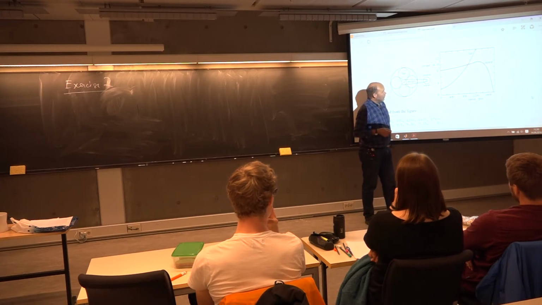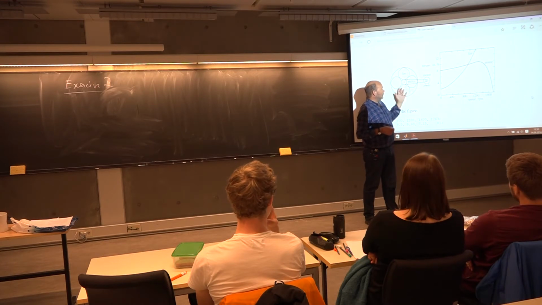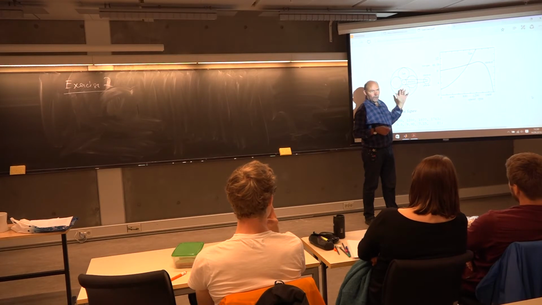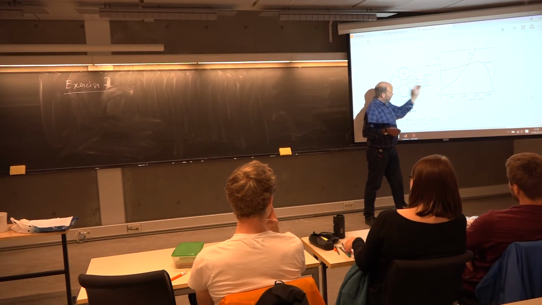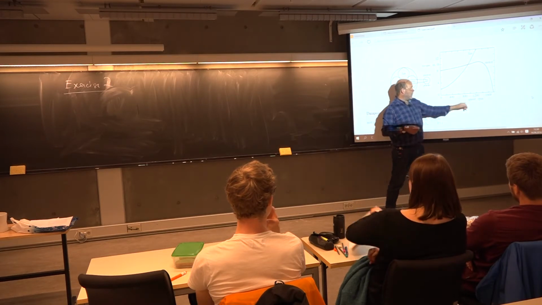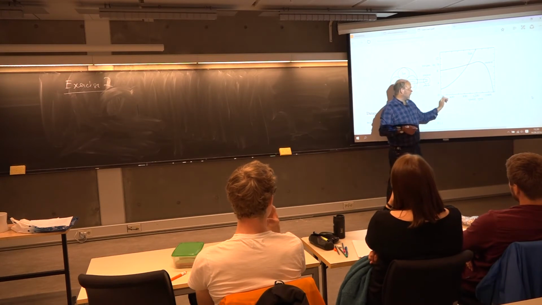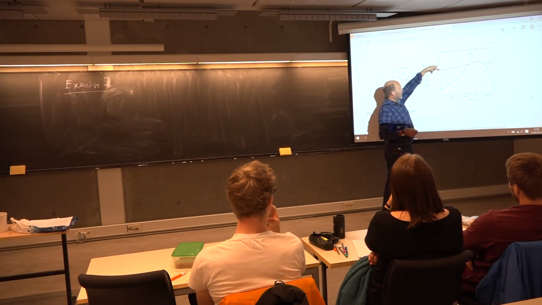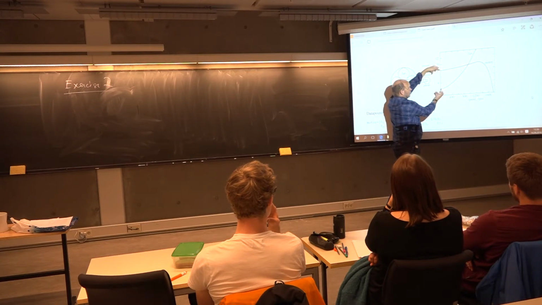For this system, what's going to happen when you have both a motor and a fan and you switch it on at t equals 0? Well, at t equals 0, you have no rotation. Everything is standing still. But your motor is pretty strong, much stronger than the load.